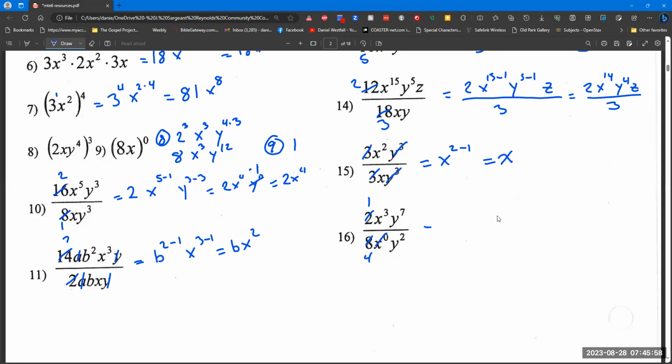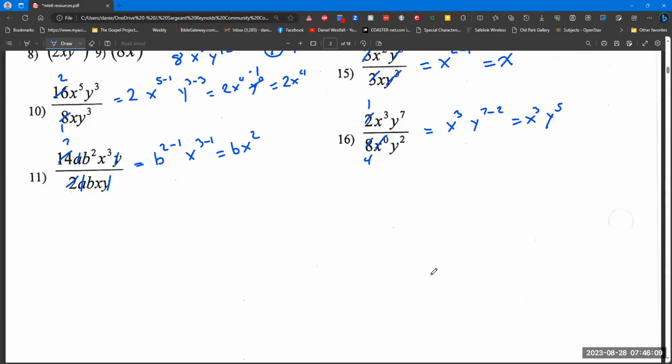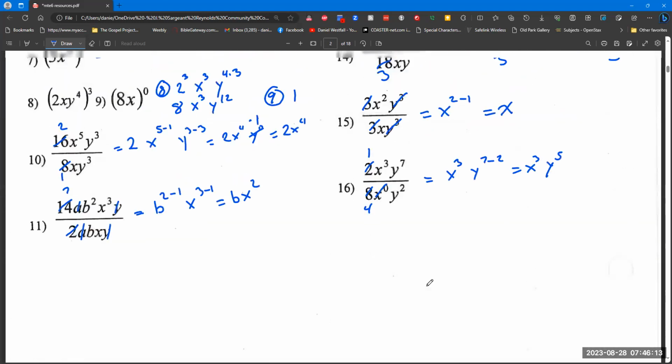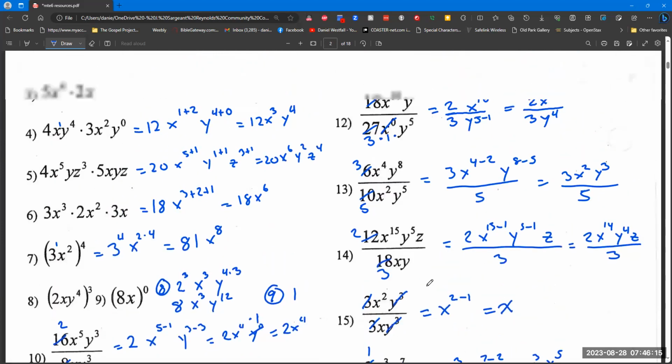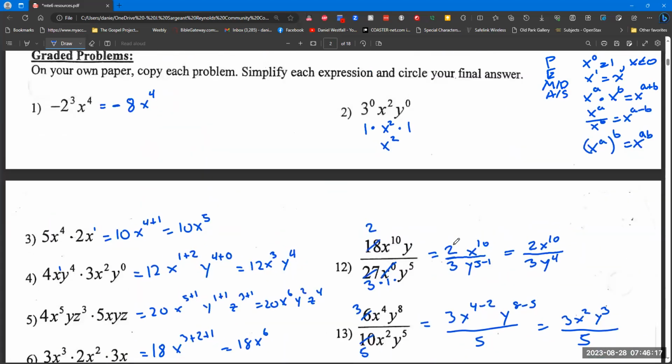And we're going to have x to the third, y to the 7 minus 2, x to the third, y to the 5th. I believe that that is all of them. Yes, that's all of them for properties of exponents. So, all right, see you for the next video.